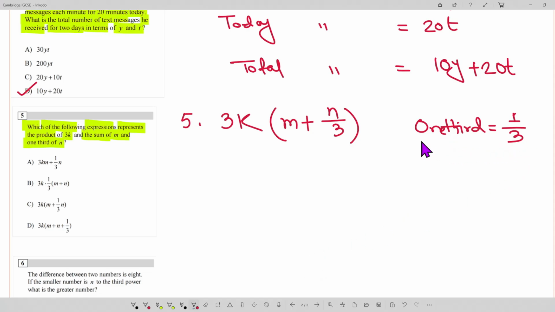So 1/3 of n means n by 3. So this is the product of 3k and the sum of m plus 1/3 of n. So it's m plus n by 3. So our answer is 3k times (m plus n by 3). So this is number C.